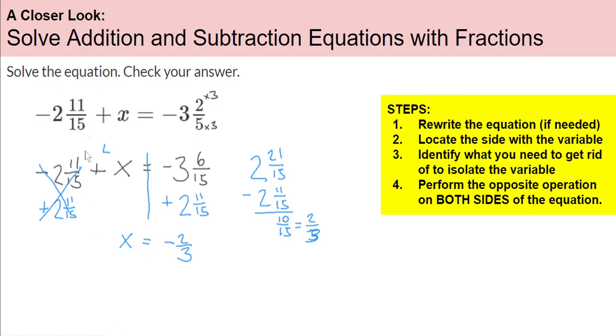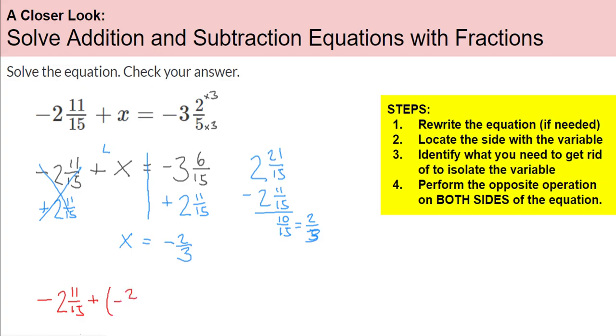All right, so let's check to see if this makes sense. We're going to check our answer. Wherever we see an x, we're going to plug in -2/3. So this is like saying -2 and 11/15 plus -2/3.